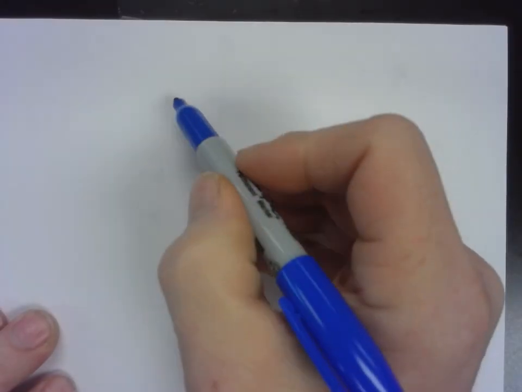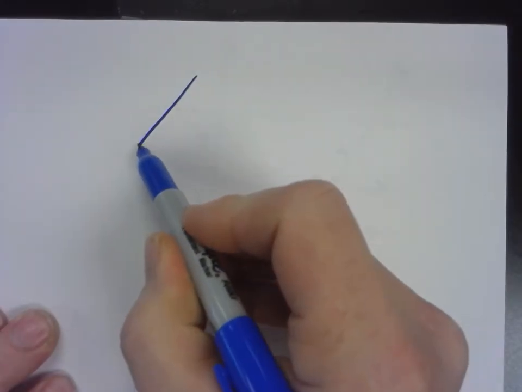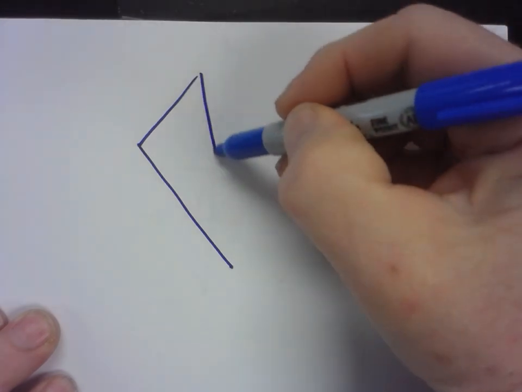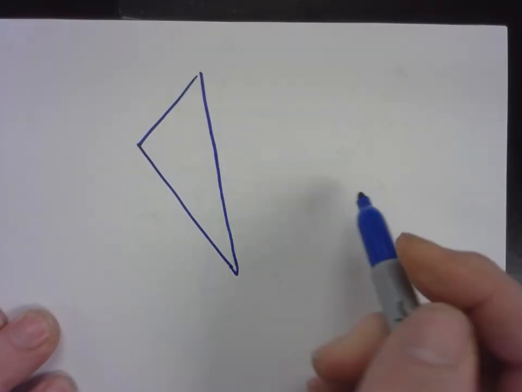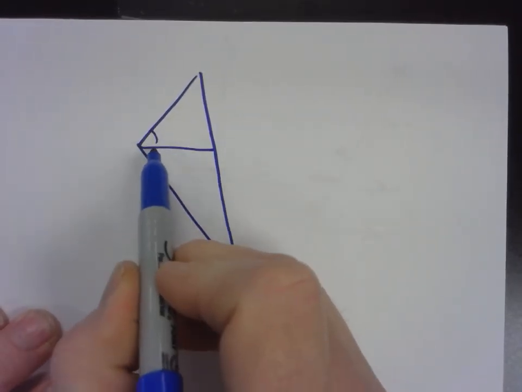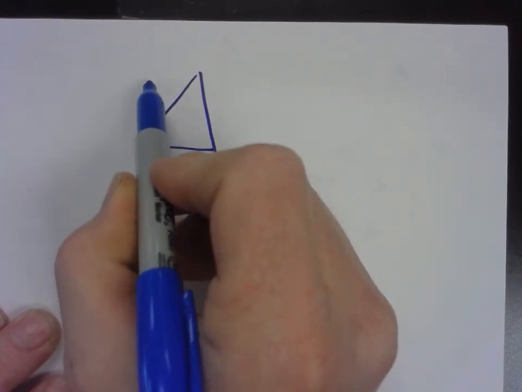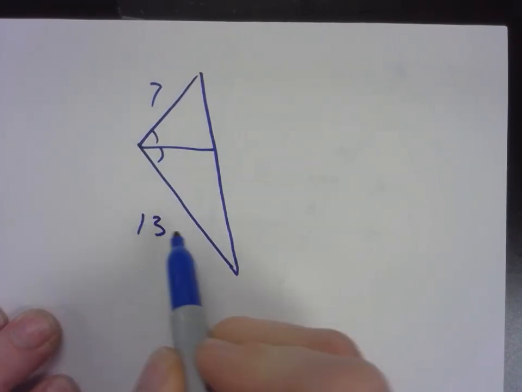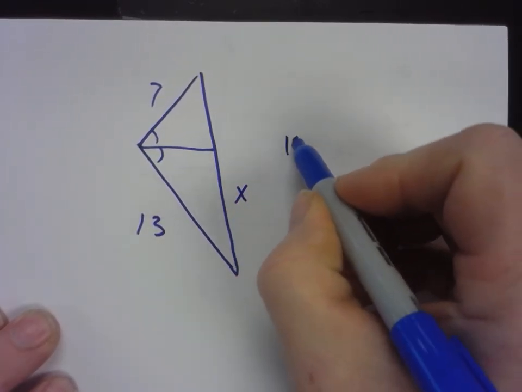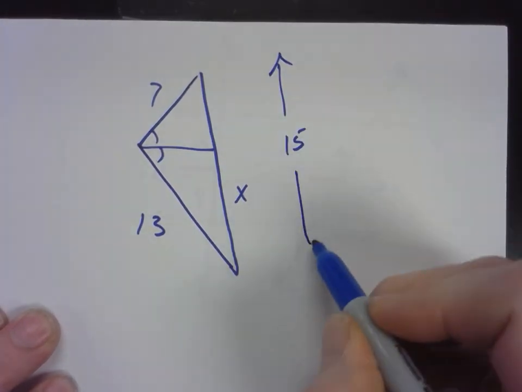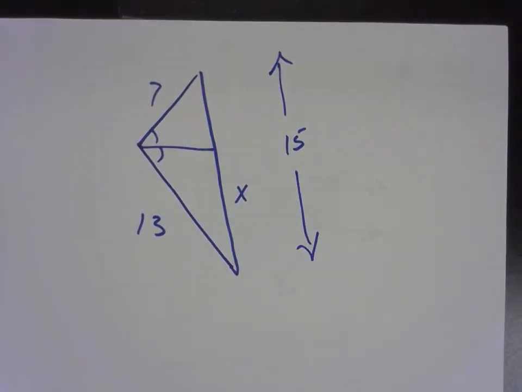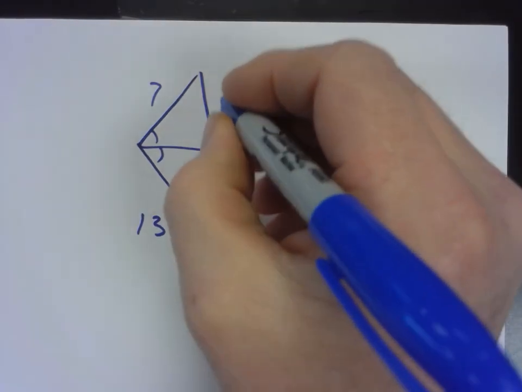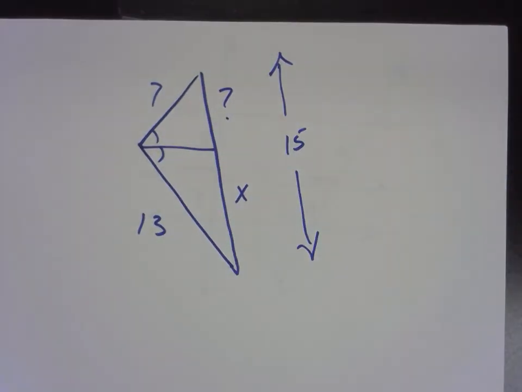What kind of problems might we get with something like this? Angle bisector, this is 7, this is 13, this bit's X, and the whole thing here is 15. Can we find this missing piece right there?